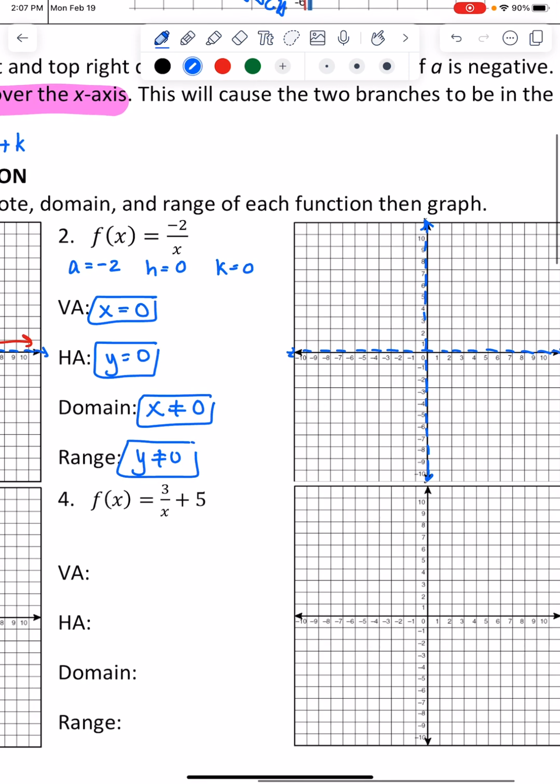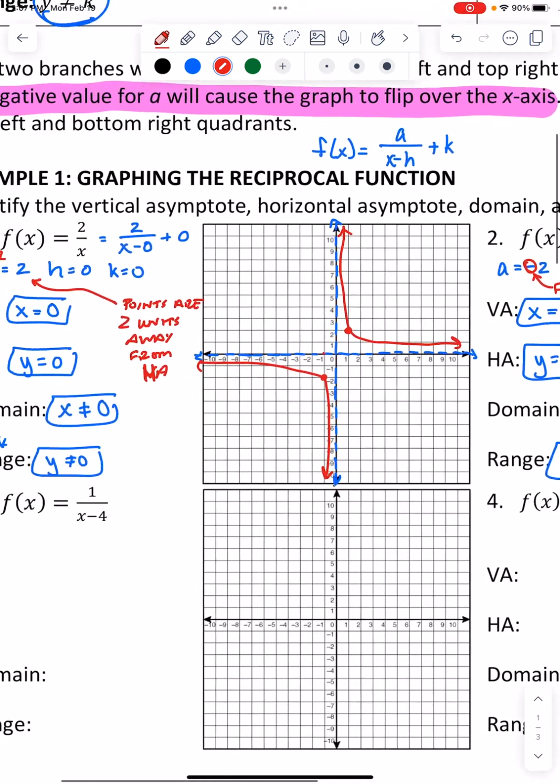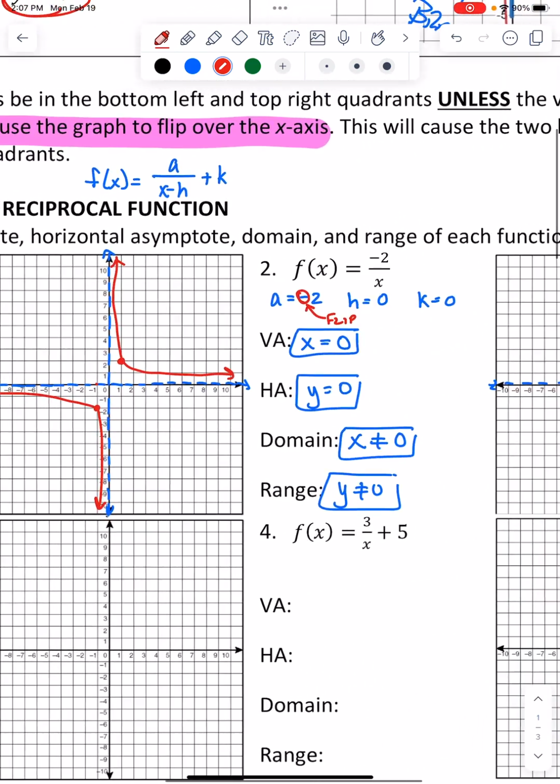okay, now what we've got to notice here is we have a negative, so that means this thing is going to flip. So now it's not going to be like the last one was in the bottom left and the top right. This is going to be in the top left and the bottom right. Okay, and then the 2 means that we're going to be 2 units away from that horizontal asymptote.